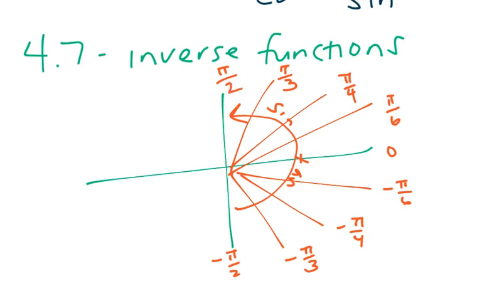Sine and tangent. Tangent, you just can't include pi over 2 and negative pi over 2 because it would be undefined. And then cosine would be first and second.